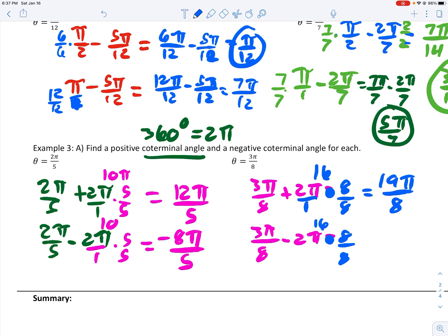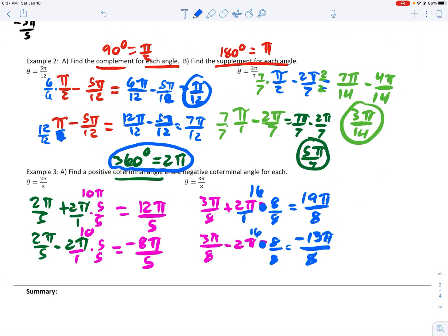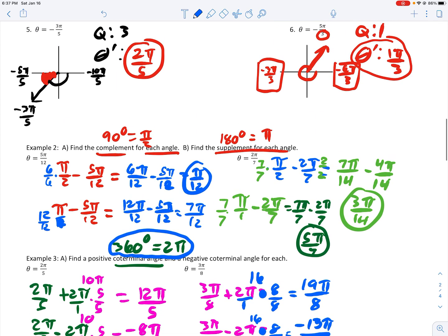This is 16. 3 minus 16 is negative 13 pi over 8. So again, understanding we're still doing one rotation, but since we're in radians, it's 2 pi. Both of these two examples are just getting you more comfortable working with radians. What you really need to understand is example 1, how to sketch it in standard position.